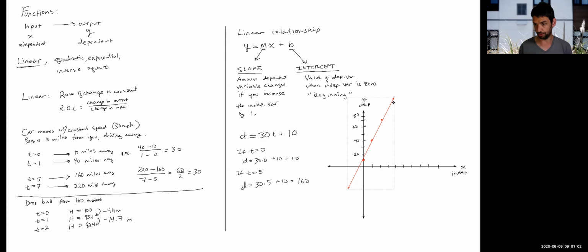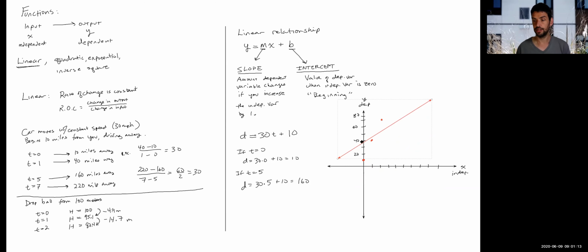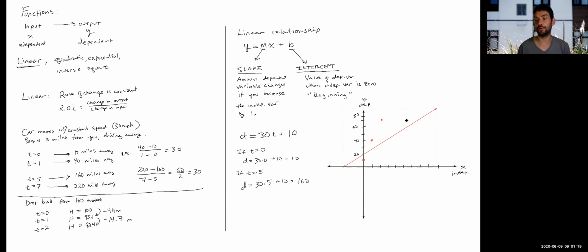If my slope was smaller, it would be less steep, right? The intercept tells you where it hits the y-axis, right? So with a negative y-intercept, the line would be down here, a positive one, it would be up here.